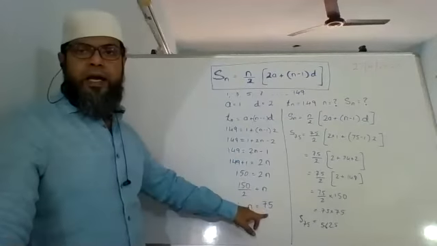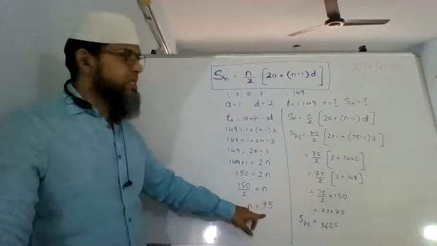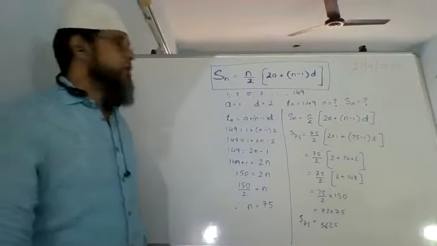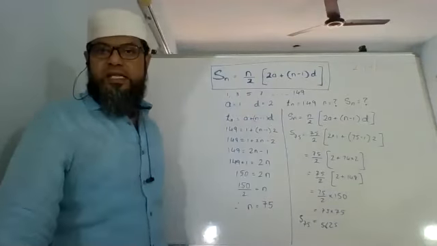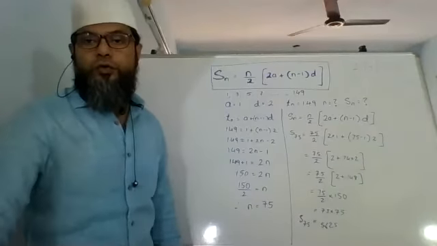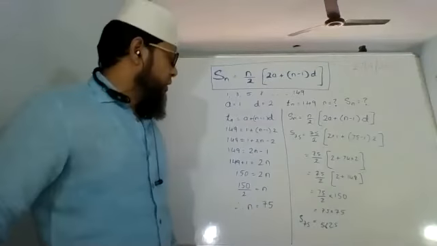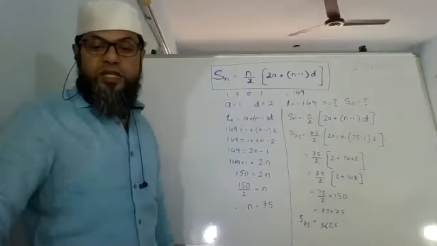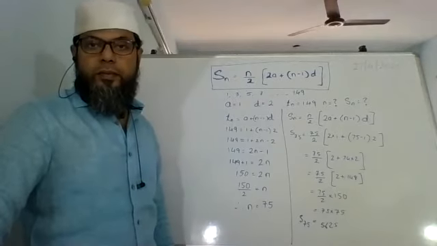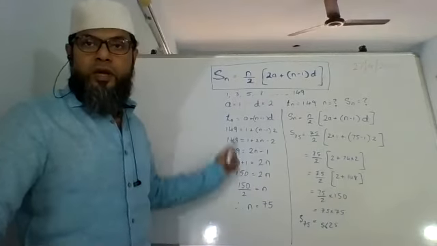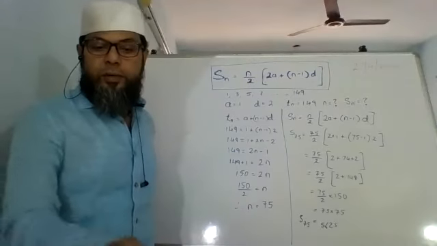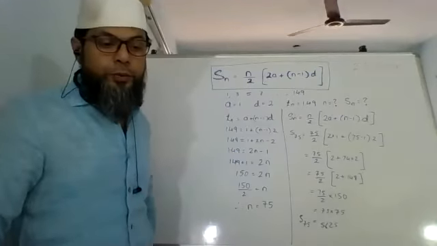Using this n, we substituted in the formula Sn, and got S75 equals 5625. Till here clear? If you have written this, I'm going to give you a next sum, which you can try for a minute. Otherwise, I will show it to you.